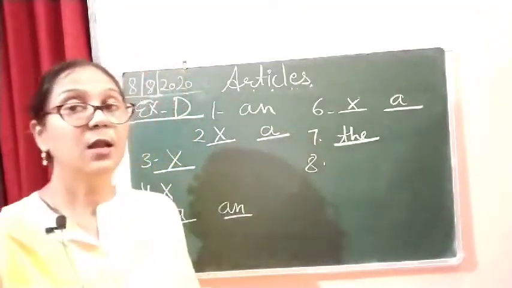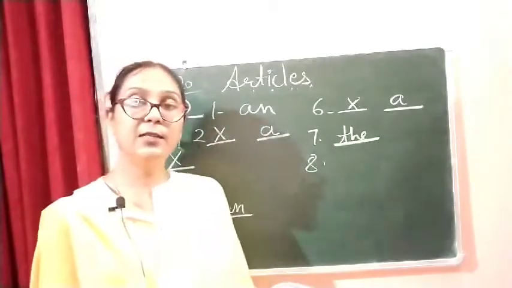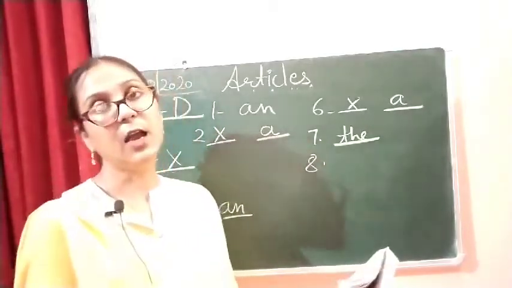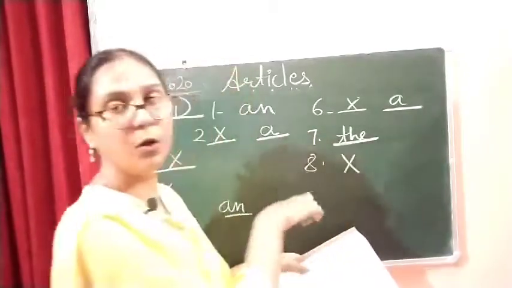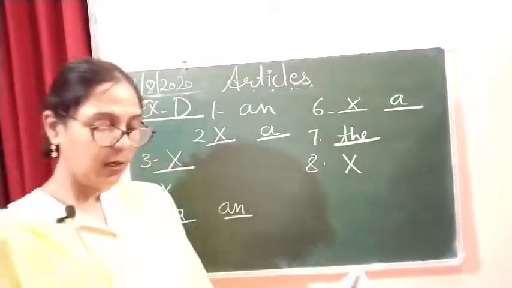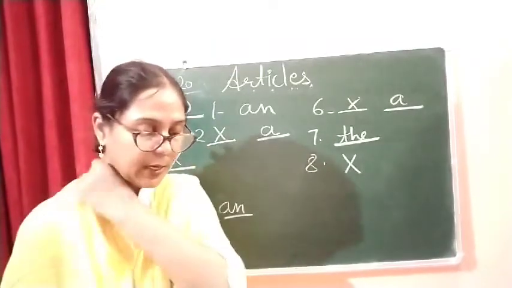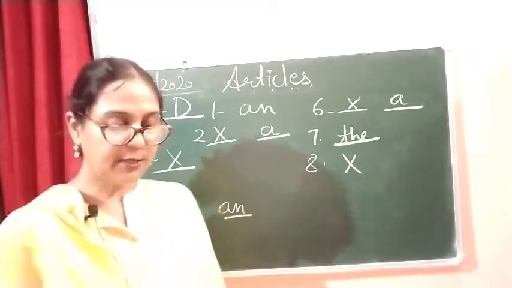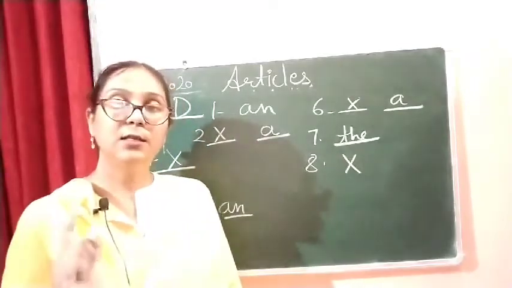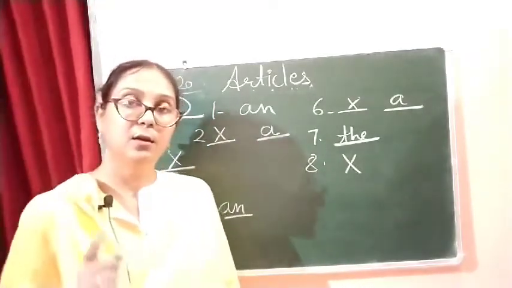So this is name of meals. That is why we are not going to use any article over here. So before dinner we just put a cross over here. Now we are moving to 9th. Dash sun rises dash east. Here sun is the unique thing.